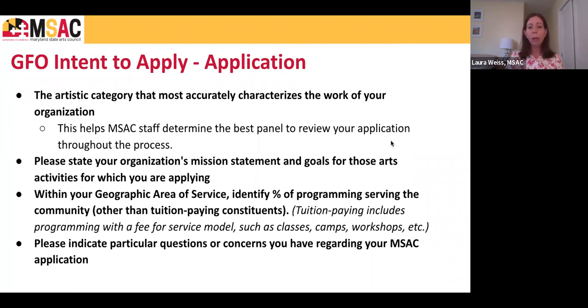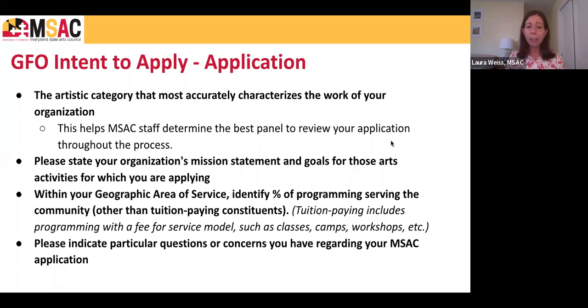And by community, we are looking for those other than tuition paying constituents. In this scenario, what we are classifying as tuition paying includes programming with a fee for service model. So that would include classes, camps, workshops, anything that the students are paying a tuition. So that's what we're looking for in this case.